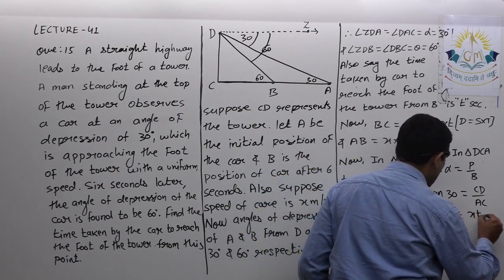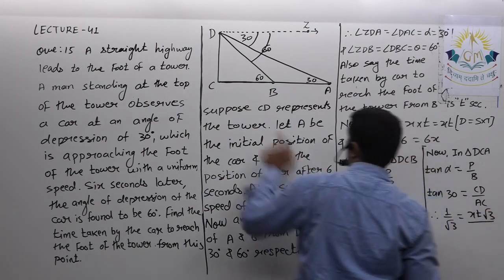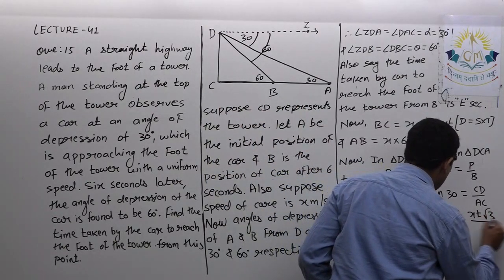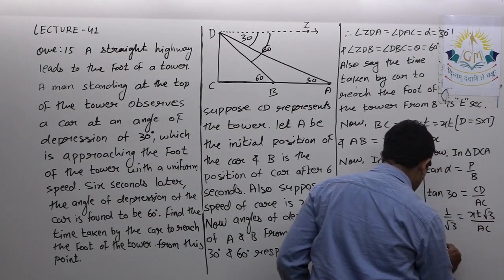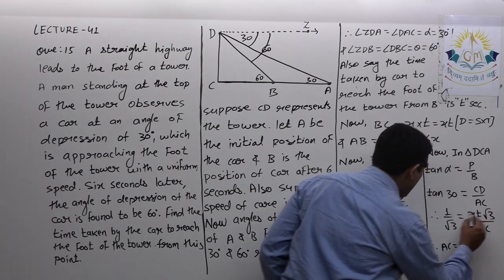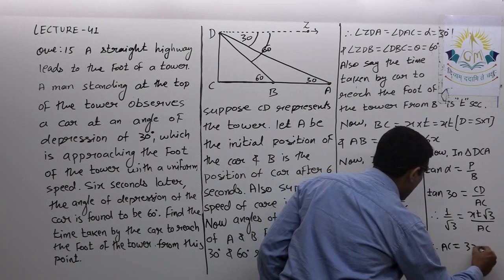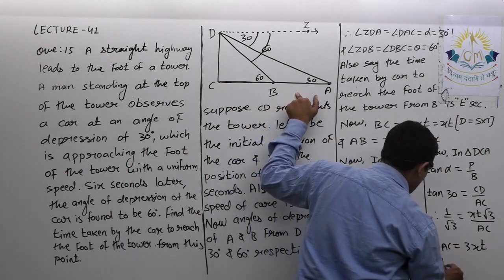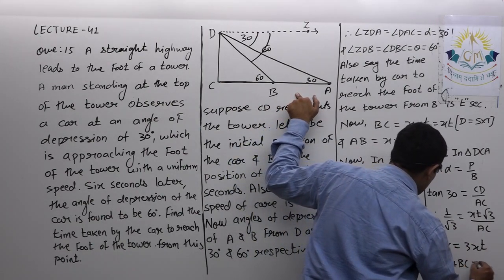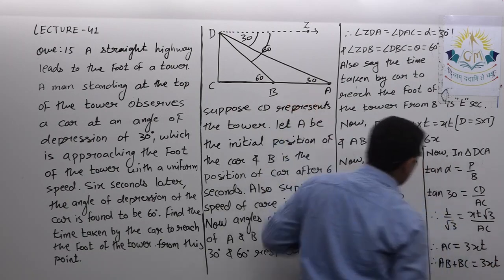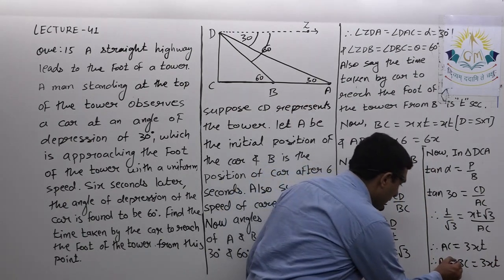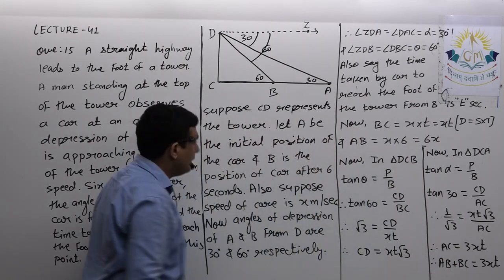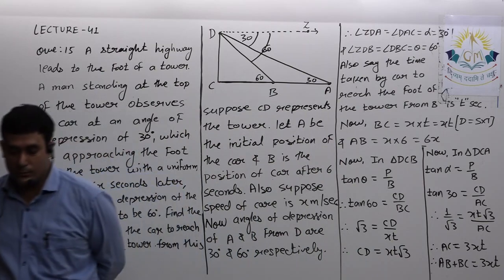AC I can write as AB plus BC. So AC is equal to xt root 3 into root 3, that is 3xt. So AB plus BC is equal to 3xt. We are almost at the end of the solution, but space is not enough, so please note it down, then we'll see the remaining portion of this solution.